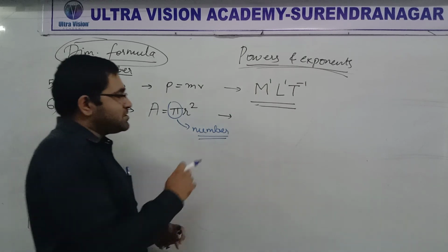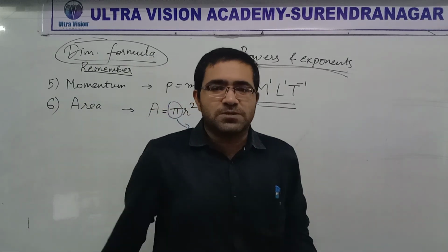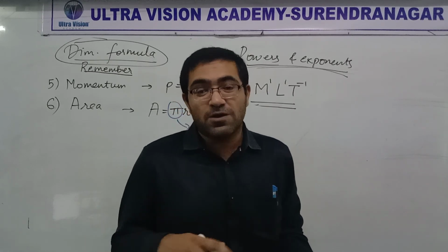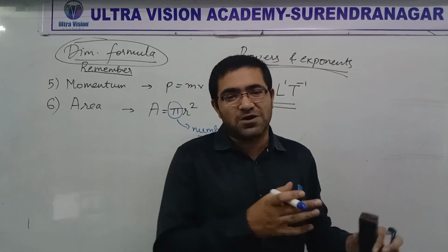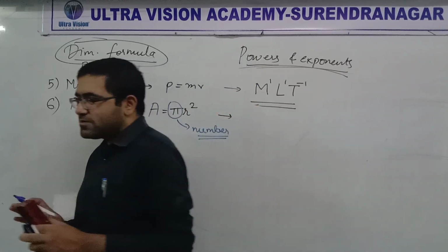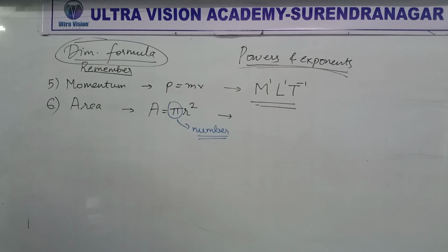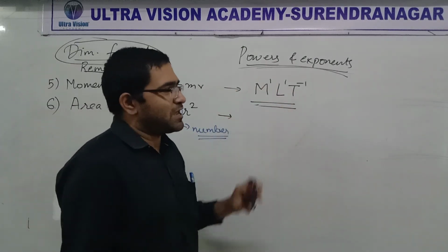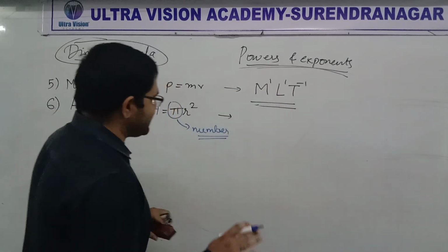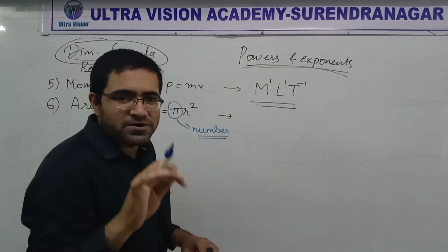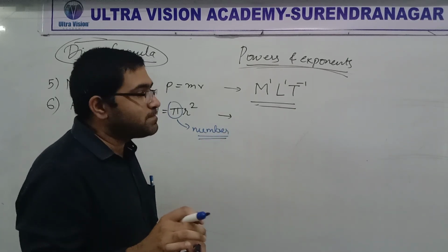Now, a number cannot have dimension. Why? Can you write a number in the form of mass or length or time? A number cannot be mass, length, time or anything related to that. A number cannot have a dimensional formula like this. So write it somewhere at the heading. It's an important sentence that you should remember.